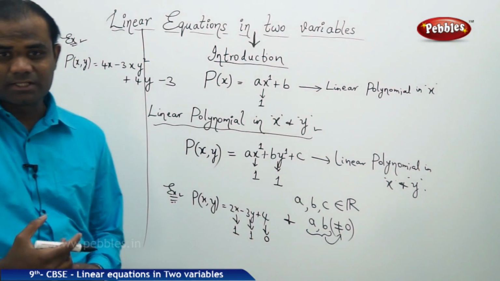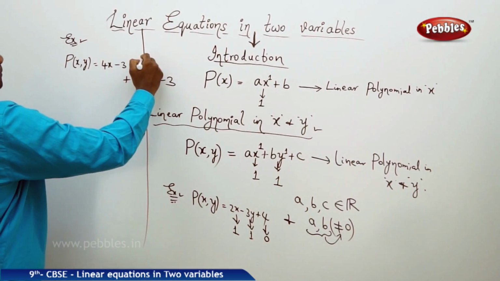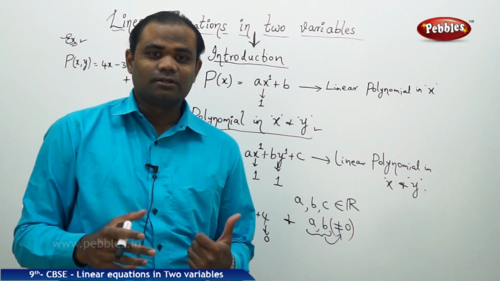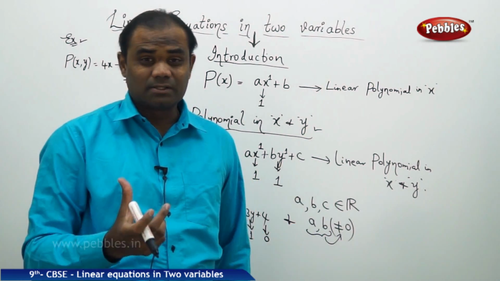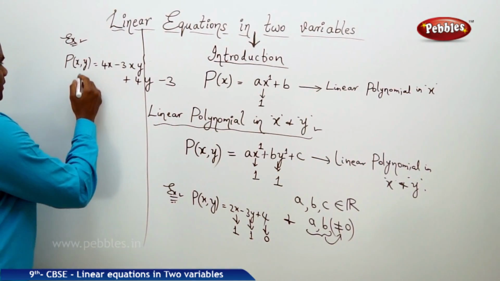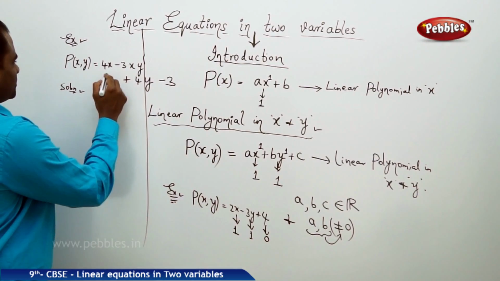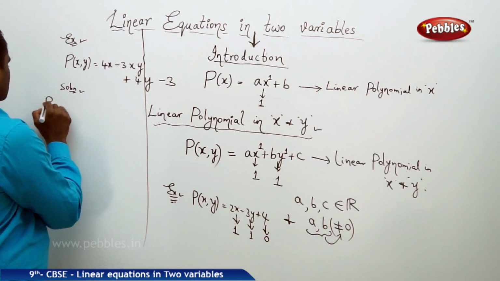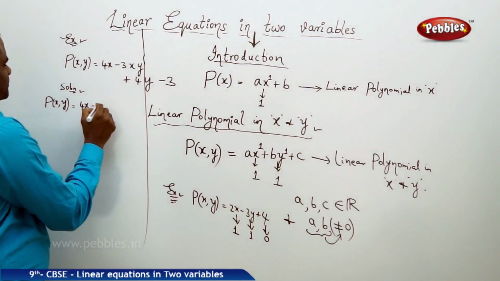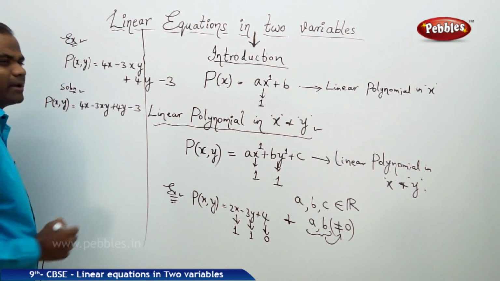Let's see if this is a linear polynomial in x and y. So let me consider this example to investigate whether this polynomial is a linear polynomial in x and y. So let's take the given example problem in which I clearly have my p of x y to be 4x minus 3xy plus 4y minus 3.